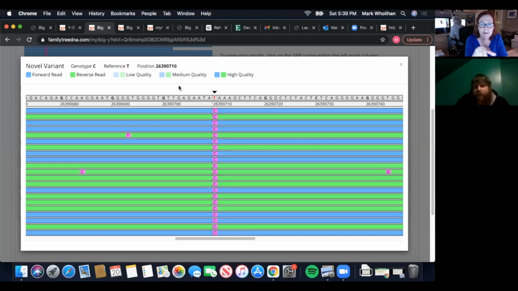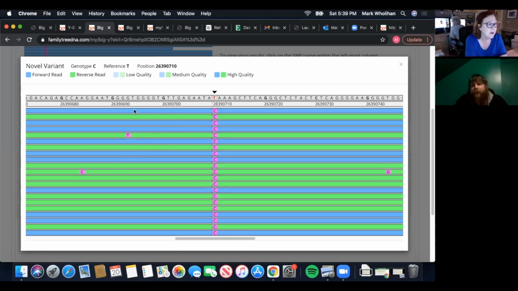And the other pink things that only show up on one scan, but are not on the other ones, those are kind of like errors. On one of the scans that popped up, but when they did another pass over the genes, it didn't show up.